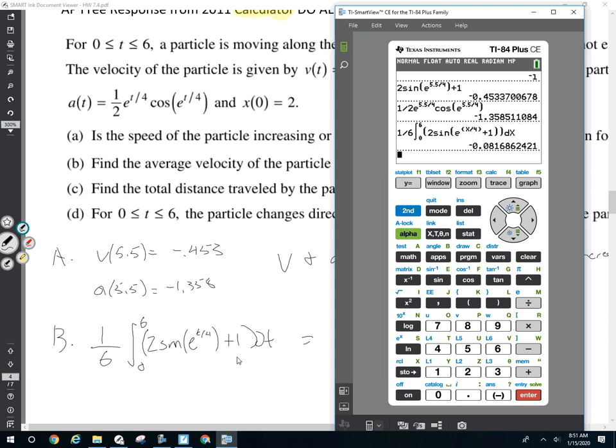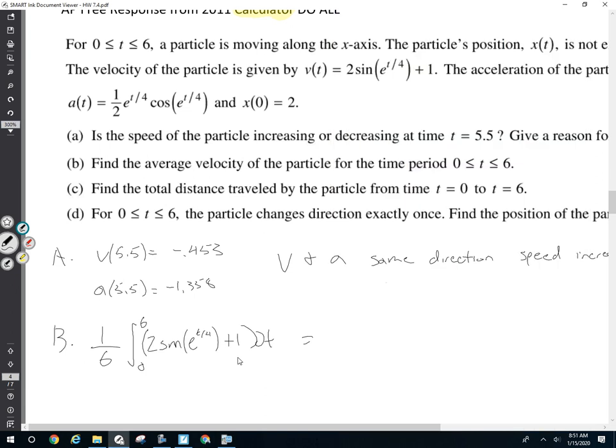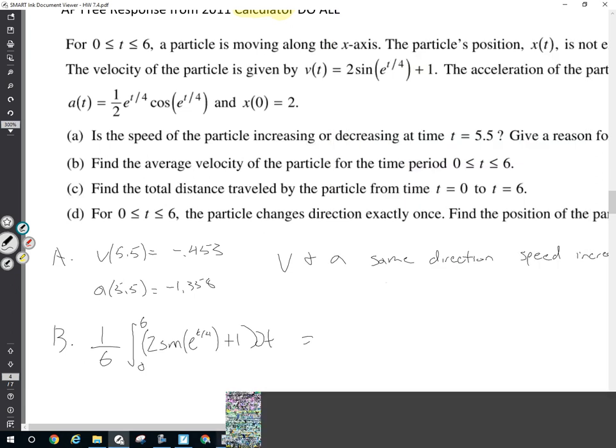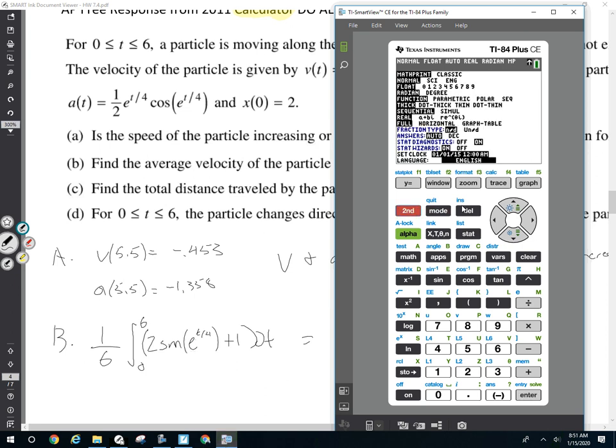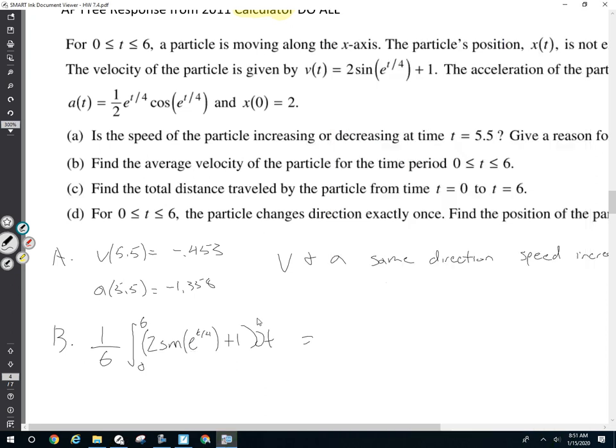Okay, negative 0.08. Let me try to type that in correctly. 2 sine(e^(t/4)) plus 1, radian mode. Okay, so negative 0.081.